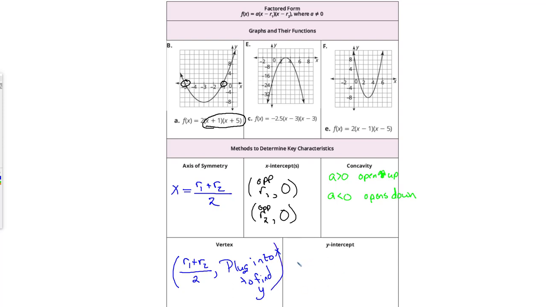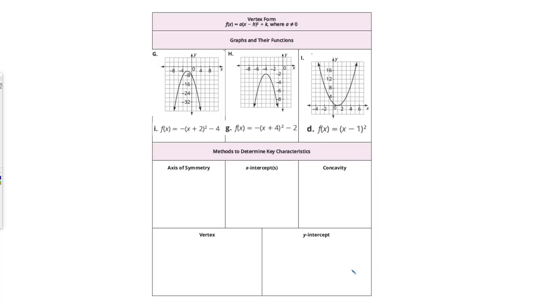And then your y-intercept, this one we're not going to be able to just tell from the paper, so we have to actually do some calculations. To find your y-intercept, you will plug in 0 for x, and that will give you the y. And so that number will be 0, comma, whatever you come up with for that. That is the factored form.